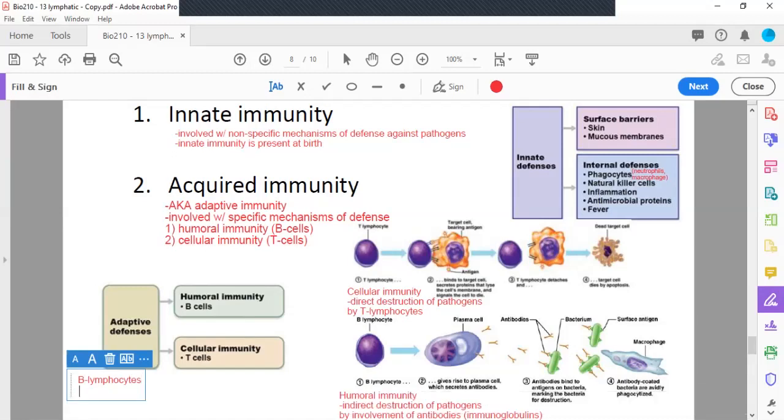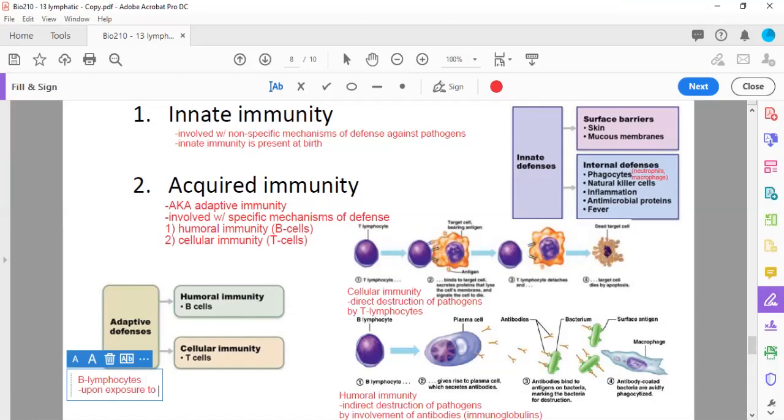Upon exposure to pathogens, the B lymphocytes, or B cells, differentiate into 1 and 2.